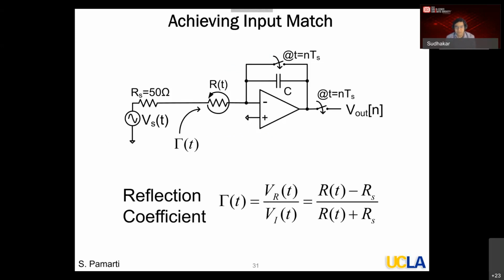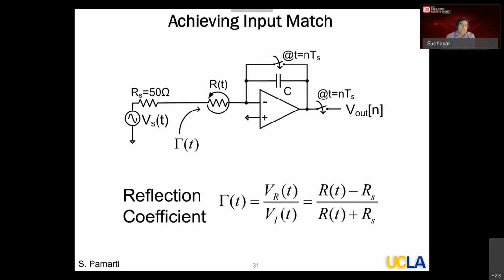Let's consider this simple case. From the source side, you are basically seeing a varying resistance R of t. So in other words, at the source and R of t boundary, you're going to see a periodically time-varying reflection coefficient gamma of t, basically R of t minus Rs divided by R of t plus Rs.